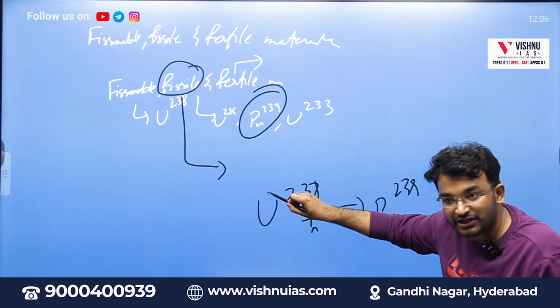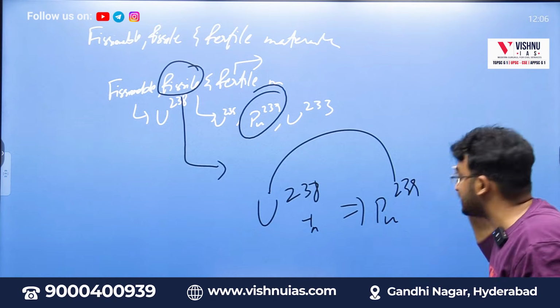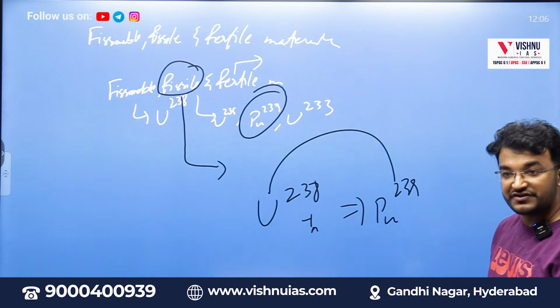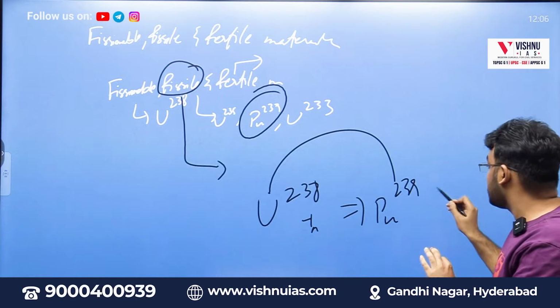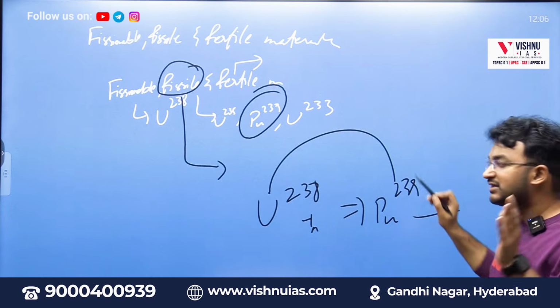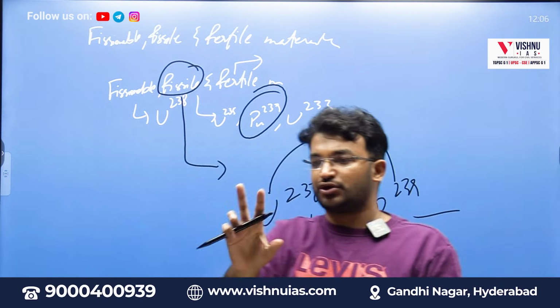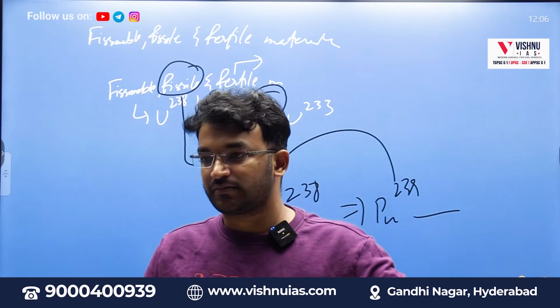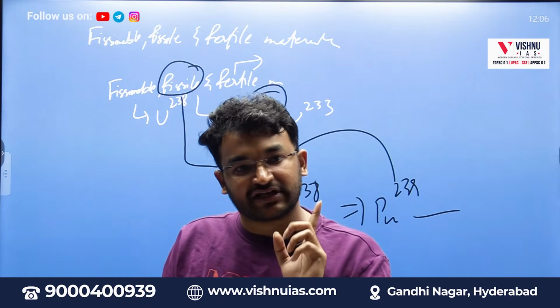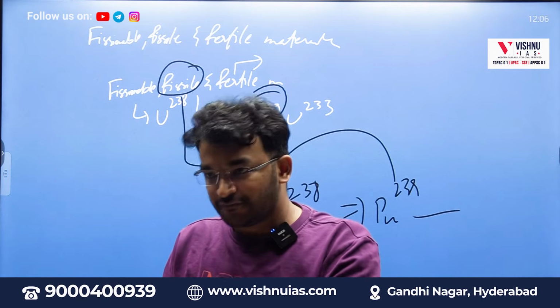This fertile uranium 238 is changed to fissile plutonium 239. Now this obviously we know is a fissile material. If we are hitting the neutrons, nuclear energy will be generated. That is the difference between fissile and fertile.